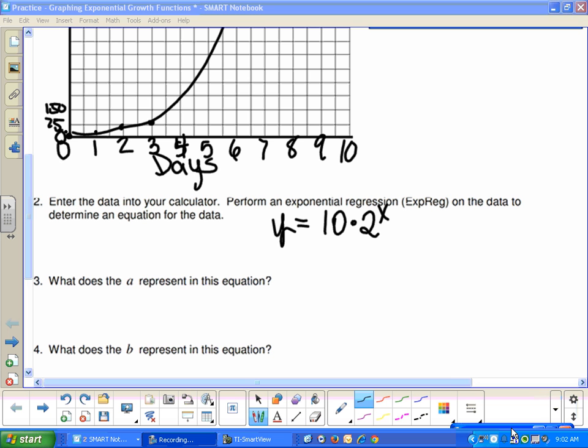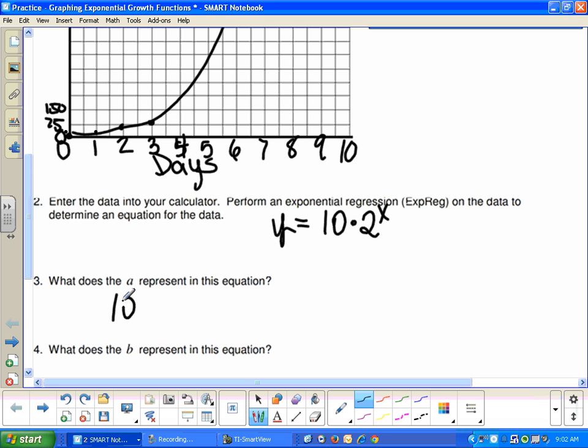Let's think about, this says on 30, what does the A represent? Okay, well if A is 10, what in this problem did A represent? It was the initial amount of acres that were affected, right? Remember that word initial that we talked about before? That's your starting amount.